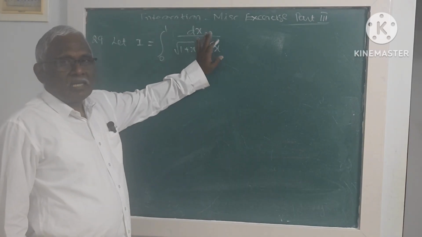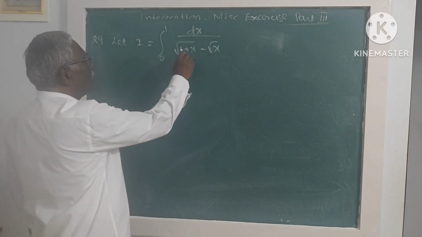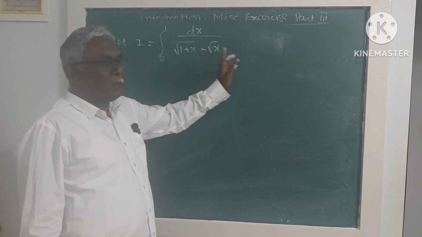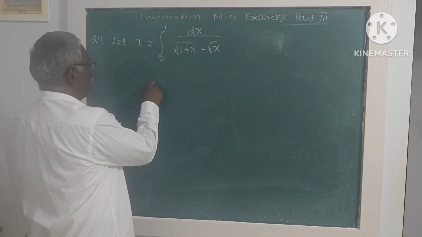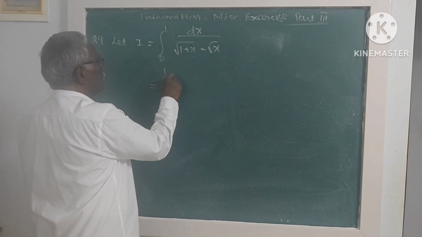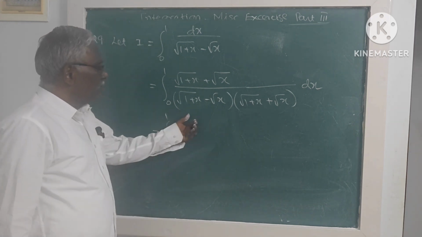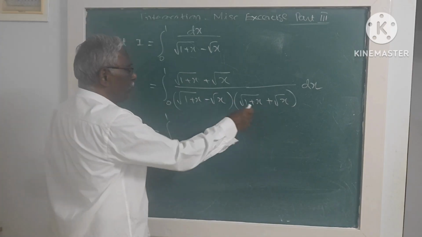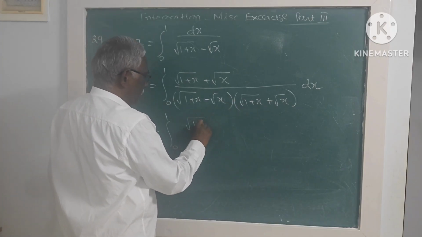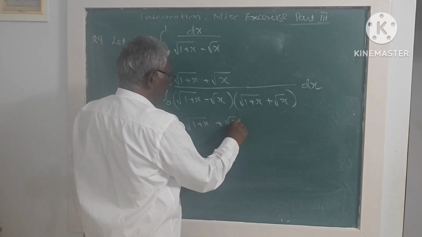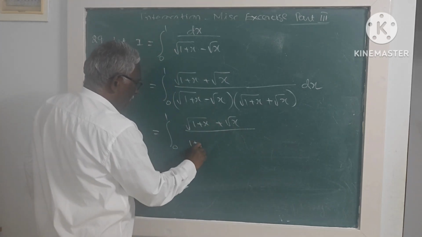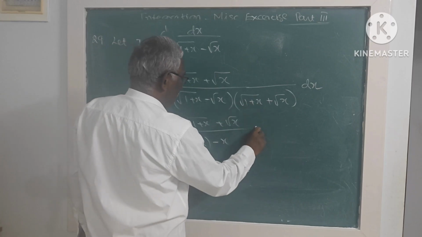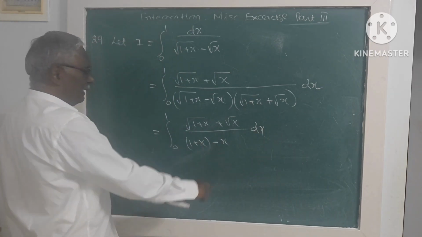We know that we have to rationalize the denominator. Multiply numerator and denominator by square root of 1 plus x plus square root of x. Now the denominator is in the form a minus b into a plus b, that is a square minus b square, so 1 plus x minus x.